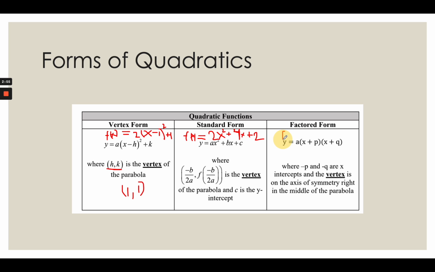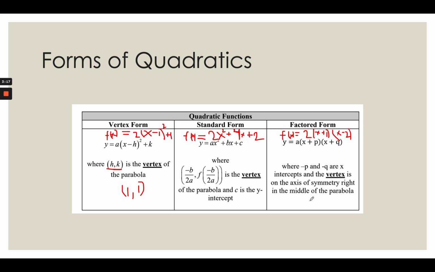All right. Okay, factored form, last one. If we had some numbers plugged in here, we'd say f of x is equal to, like, 2x plus 1 and x minus 2.